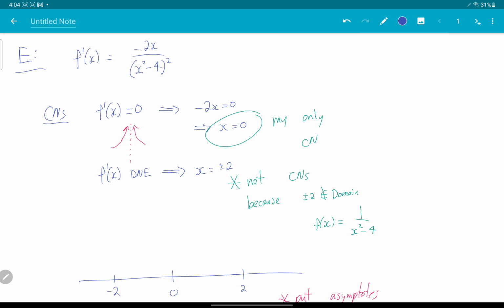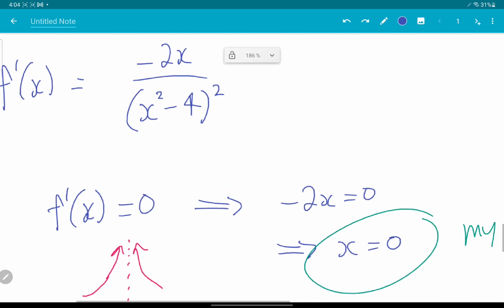Okay, using test points, let's say I plug in -3. I'm going to get positive over positive, and that's positive, so increasing here. If I plug in -1, same situation. If I plug in +1, I get negative over positive.